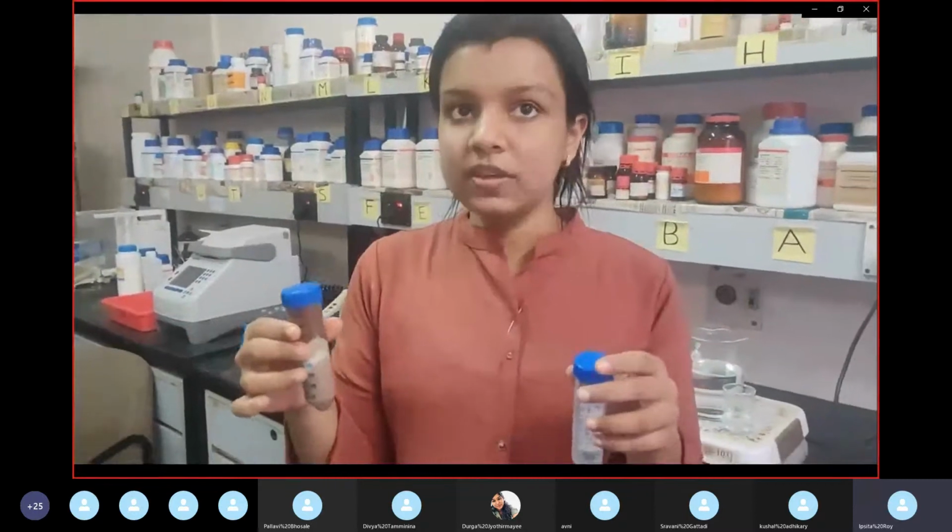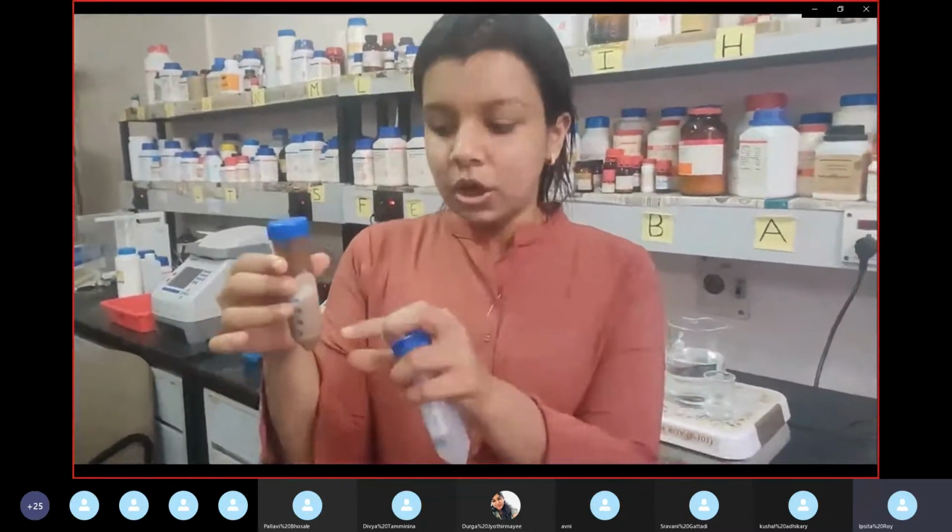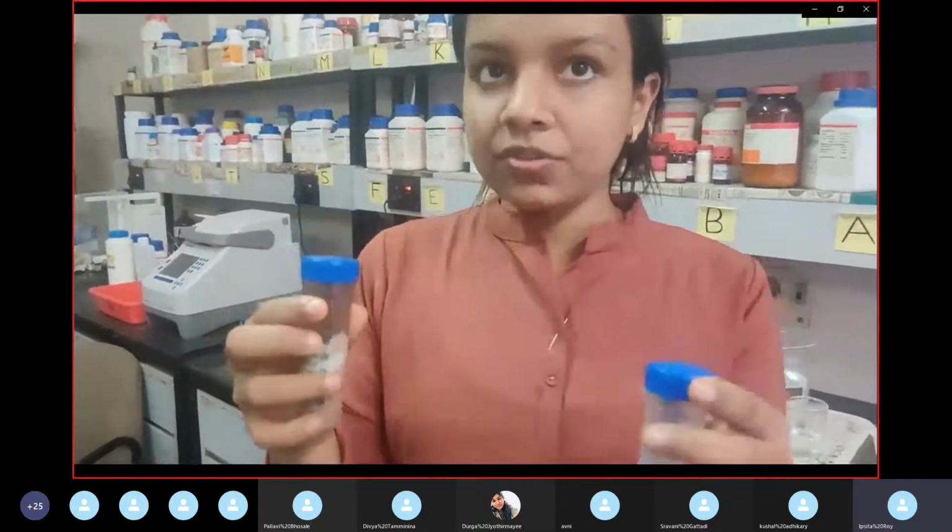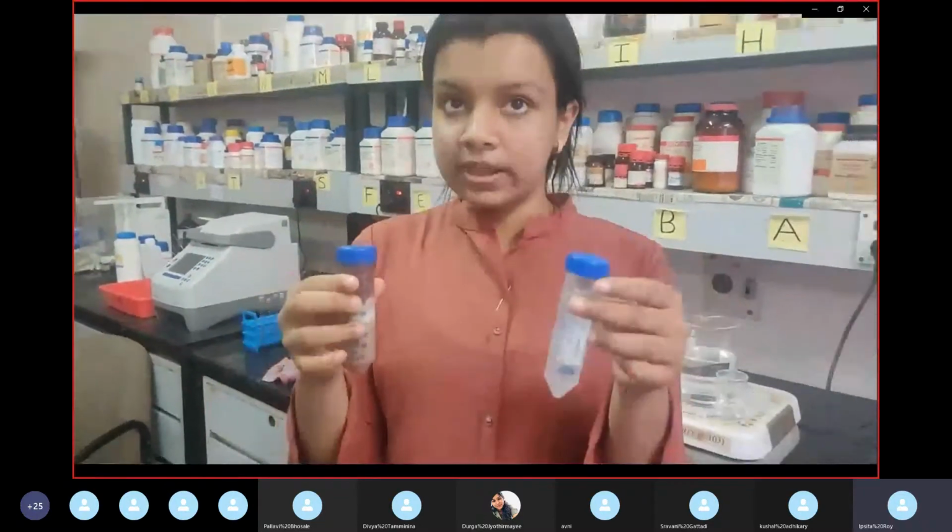I have centrifuged this falcon at 6000 g for 25 minutes, and I took it out from the centrifuge. Now this is the pellet, and the liquid above it is the supernatant. I will transfer the supernatant into another falcon.